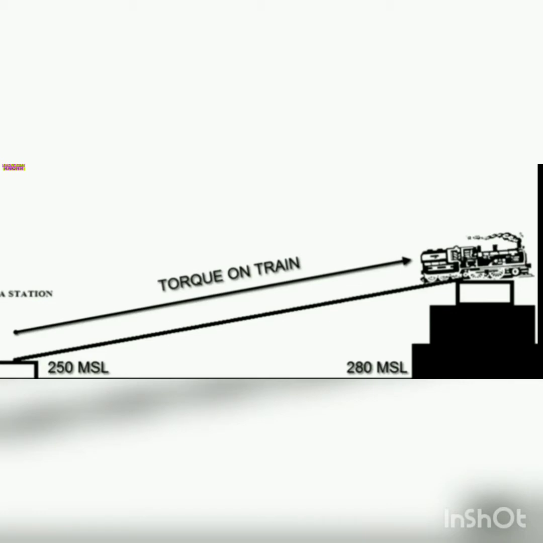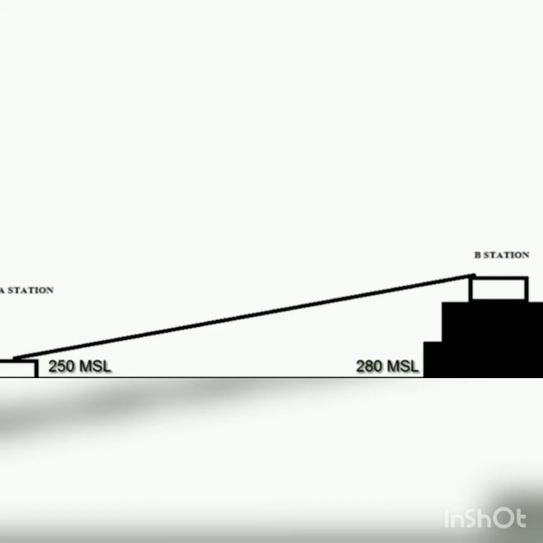Station A is 250 MSL and station B is 280 MSL. So the engine has to climb up. Okay, so when you know the MSL of a particular station, you will know how the track has to be laid, and the engine driver will know how much power is needed to pull up to that particular station, because of the height.